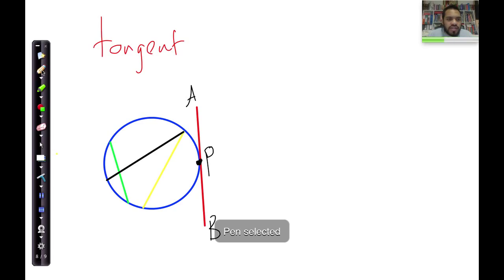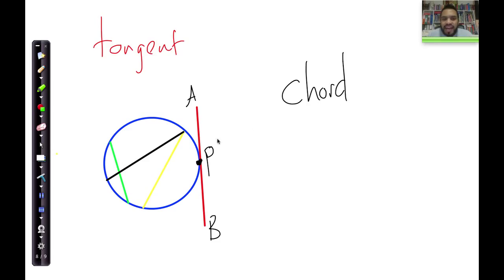So as you can see from the example, a tangent is a line that touches the circumference of a circle at a single point. Then we can define a chord to be any line that goes from one point on the circumference to another point on the circumference. And you also know the diameter is a special chord.